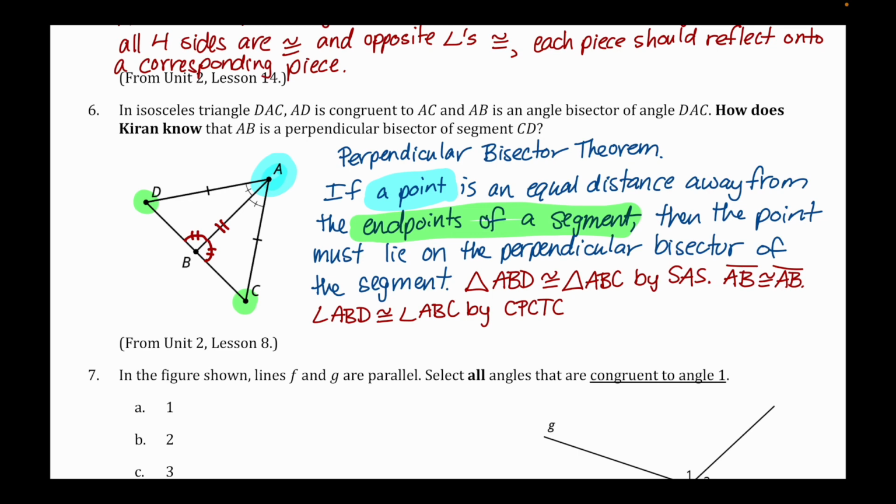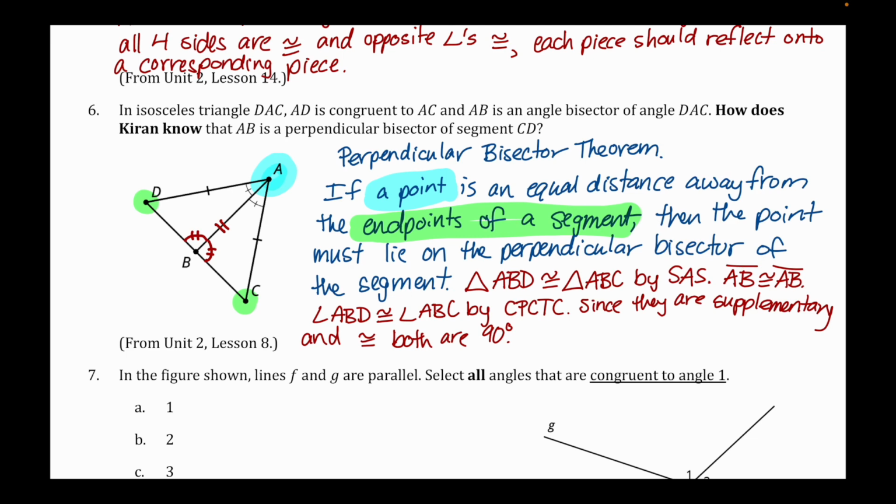And then we have CPCTC for the angles down there at B. Since they are also supplementary, they are supplementary and congruent. Both are 90 degrees.